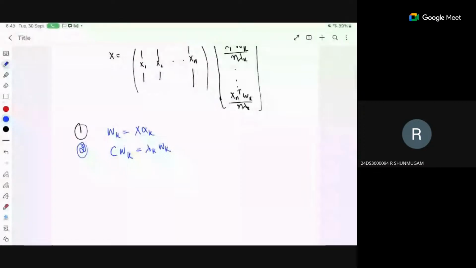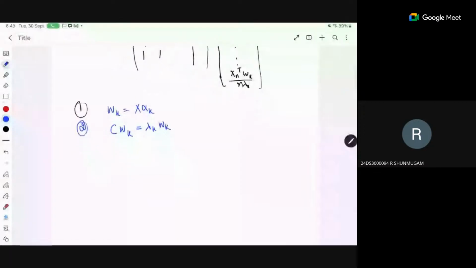So let's just substitute what my C was. My C is nothing but 1 upon n, X X transpose, we are sticking to the matrix notation. So X X transpose WK, which is X of alpha k, equals lambda k times X of alpha k.